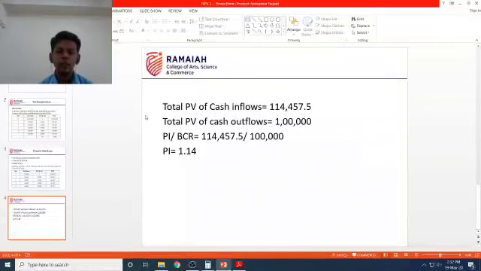That is the meaning of 1.14. You are earning 14% extra than what you had invested. If you had invested 1 lakh, you are earning 1 lakh 14,457.5, correct? Which means that you are earning more than your expenses or capital outlay. That is the main point.